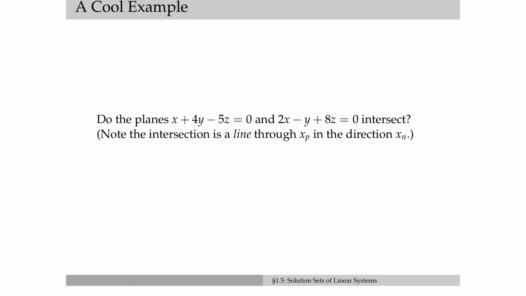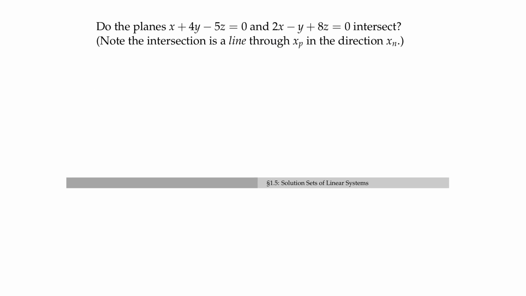All right, let's apply this. Do these two planes intersect? Well, to see if they intersect, that's equivalent to us simply taking their equations, converting them to an augmented matrix, like so, and then finding the reduced echelon form of that.